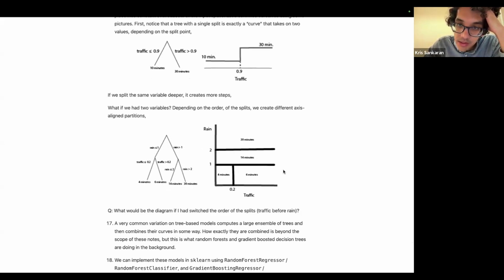So that's the first split. And then for the rain less than 1 case, for example, I divide that rectangle again according to traffic small or traffic large. So given that rain is less than 1 and traffic is less than 0.2, that gives me this region right here. So that's where I get the 4 minutes from.